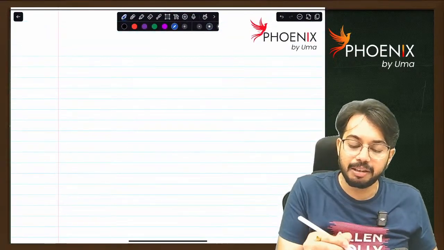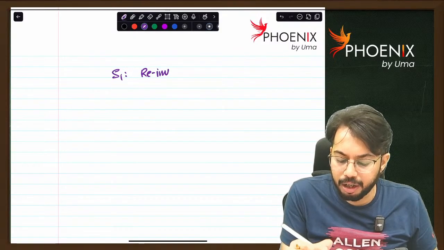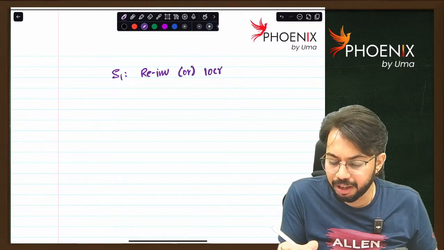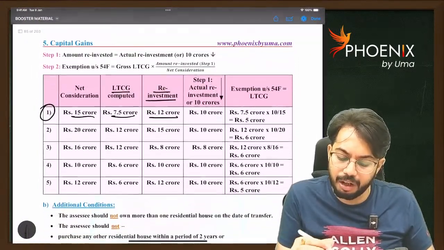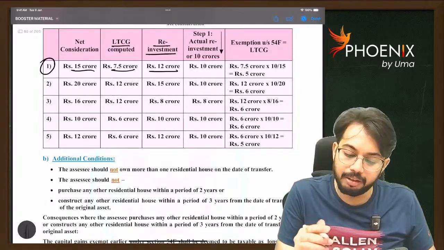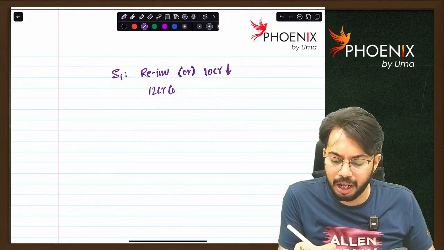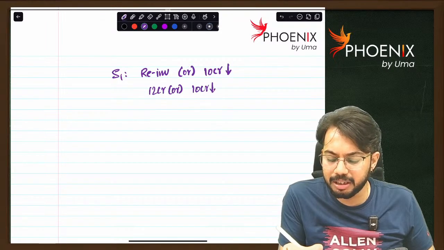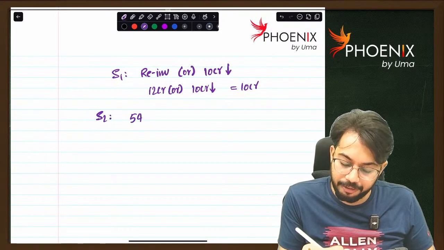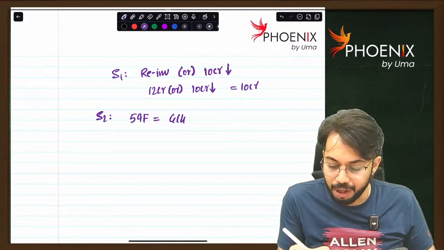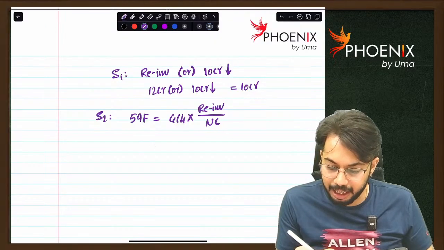So help me. Step 1, reinvestment or 10 crores, whichever is lower. How much is reinvestment in case 1? Reinvestment is 12 crores. So 12 crores or 10 crores, whichever is lower, means 10 crores. Step 2, exemption under section 54F is equal to gross capital gain into reinvestment divided by net consideration.